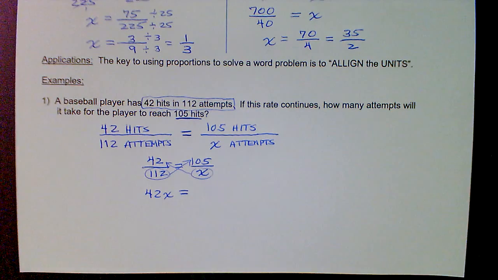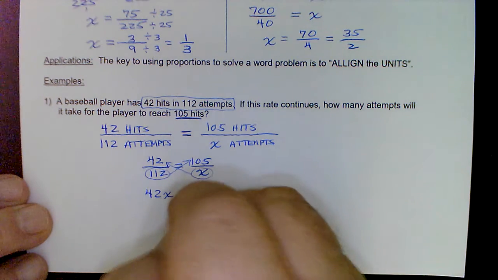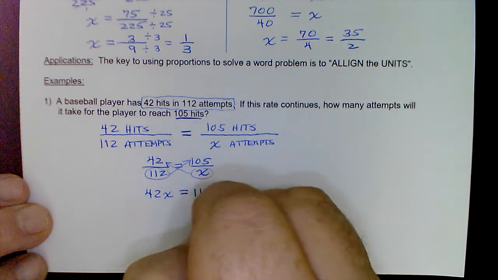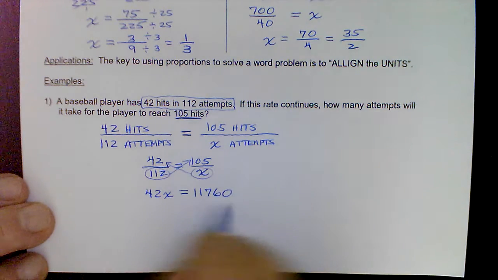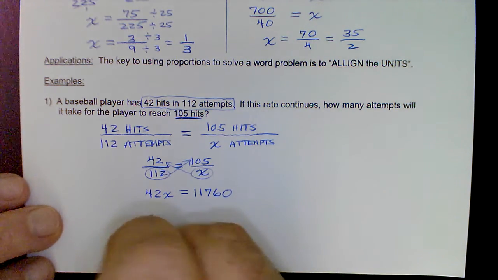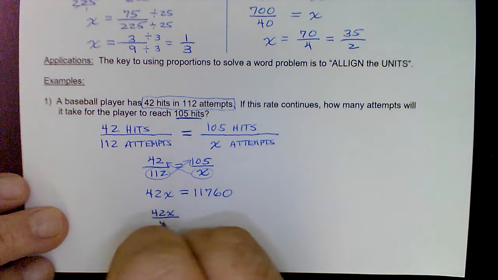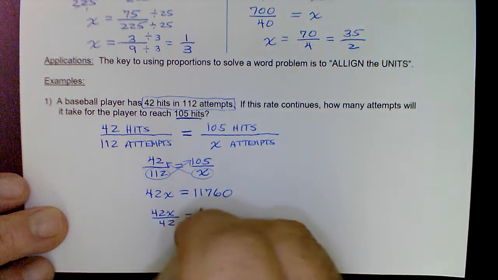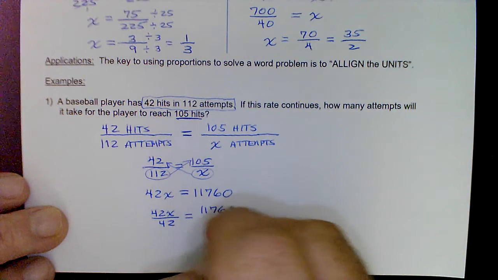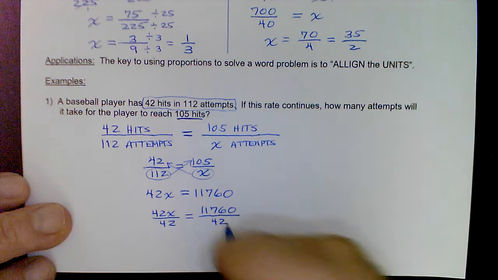You're going to want to use your calculator for that. So 112 times 105 is 11,760. Now I know many of you at this point are just going to jump right in there and draw a little line and divide by 42. That's fine, but I always take an extra step to show it. And there's a reason why that'll become clear as we progress through more sophisticated equations.